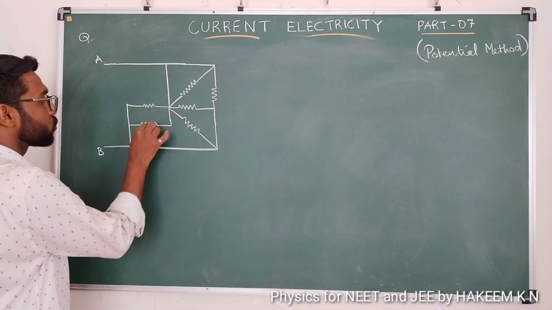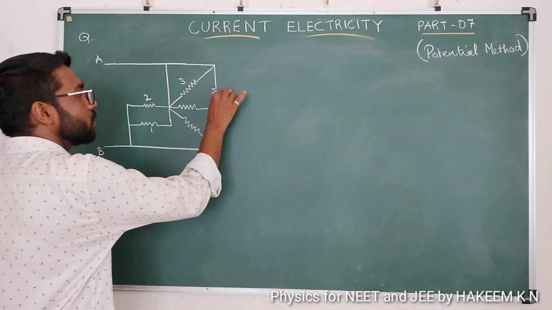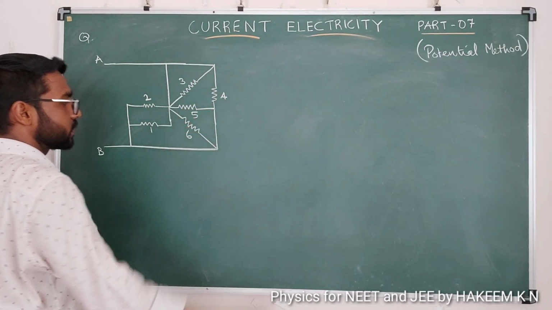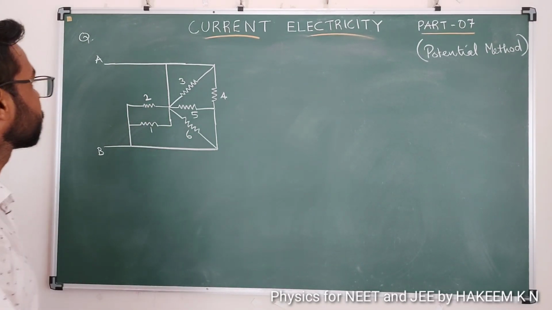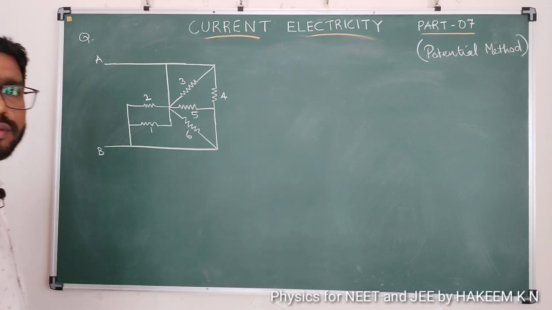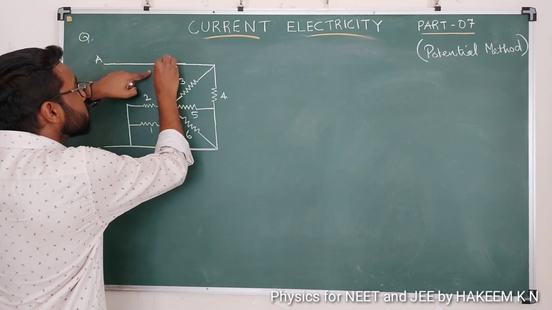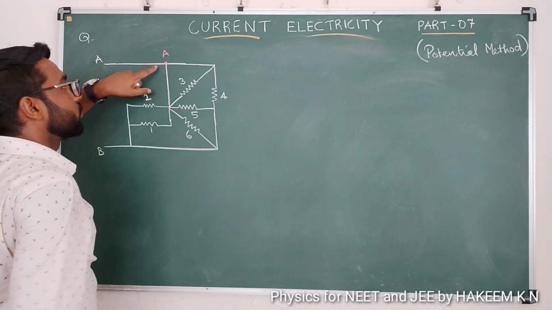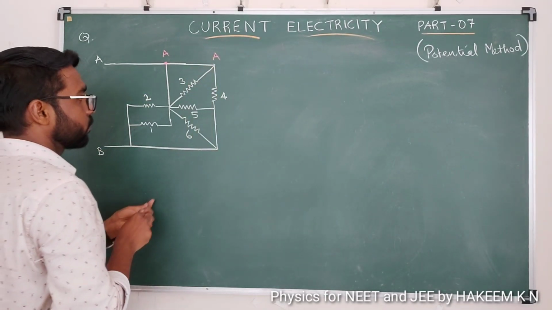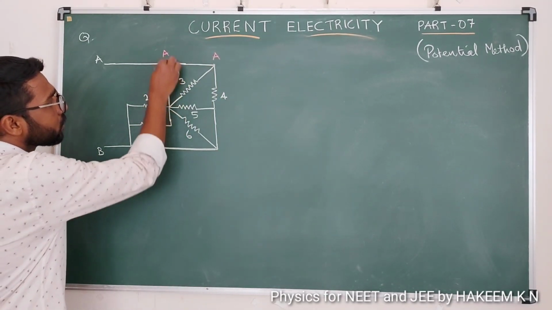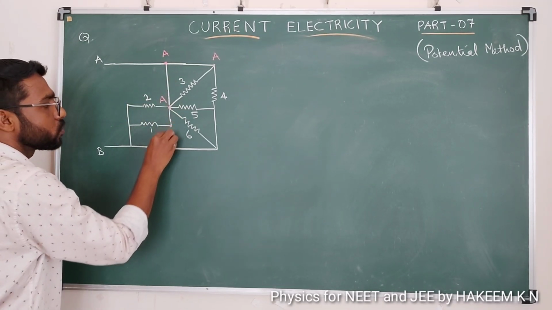I am giving numbers to the resistors: first R, second resistance, third, fourth, fifth, sixth. Okay. Find the effective resistance between A and B. How to find? Listen here very carefully. Here there is no resistance, so this point is A. And here there is no resistance, this point is also A. And here there is no resistance, so this junction is also A and this point is also A.